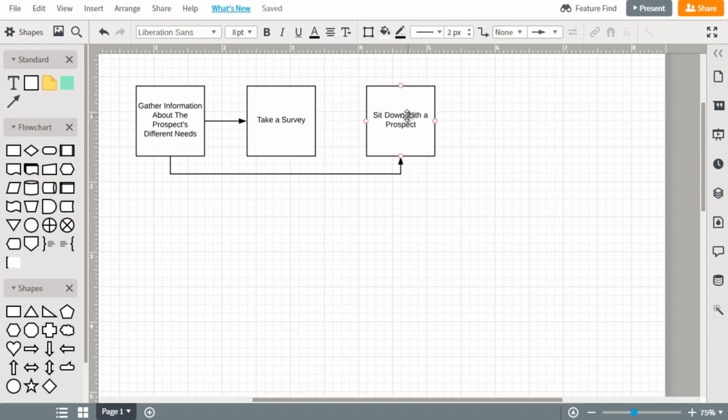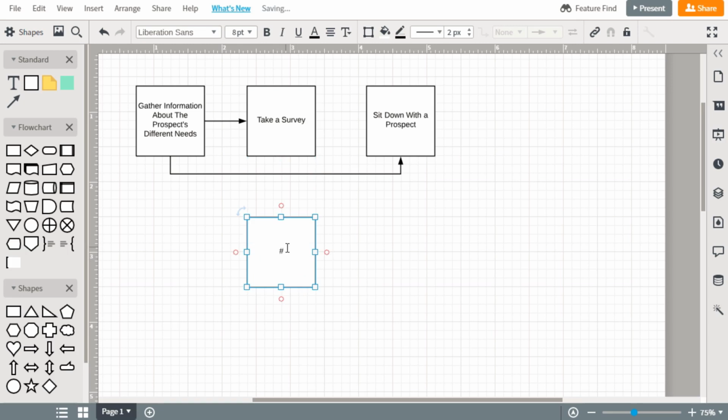Once we've talked to several prospects and you've gathered enough data for your survey and you're ready to go, and you've compiled a list of different needs like what we talked about earlier, then we can move on to the actual funnel. By this point, we should have enough data.